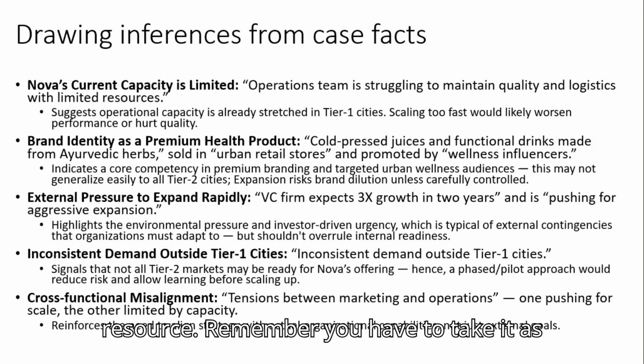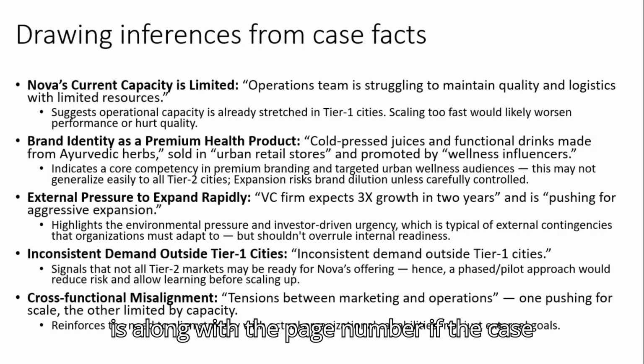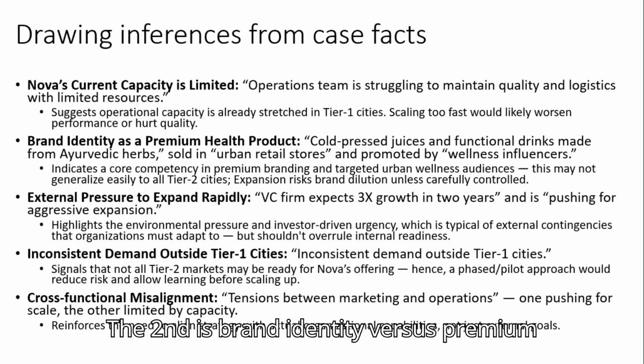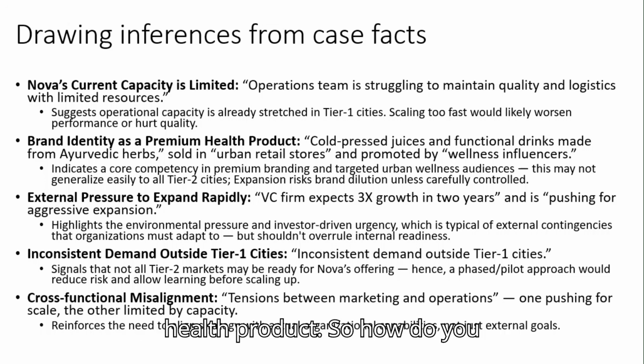Remember, you have to note it as it is, along with the page number if the case is long. It suggests that operational capacity is already stretched in tier 1 cities and scaling too fast would likely worsen performance or hurt quality.